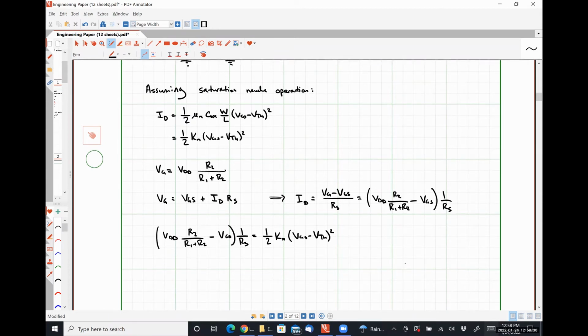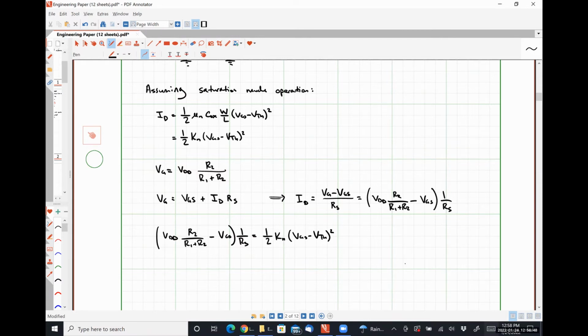What I'm going to do now is expand this squared thing. I'm just going to FOIL it. I'm going to multiply both sides through by a factor of RS, and I'm going to put effectively 0 on one side of the equal sign.